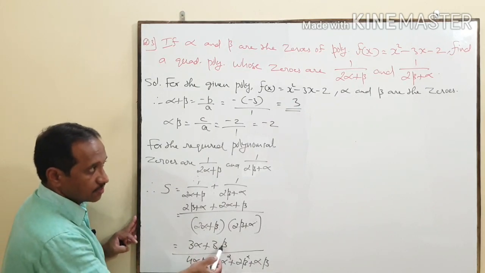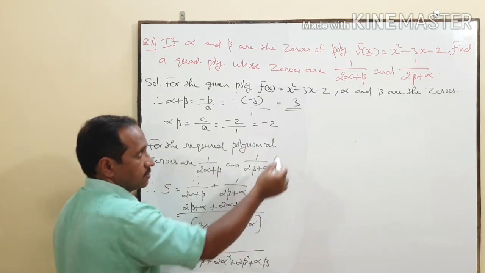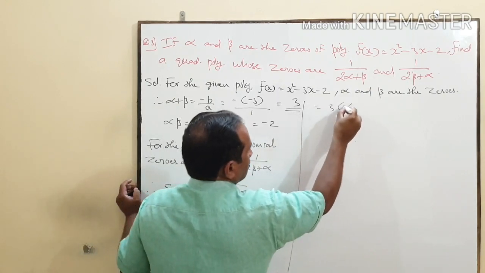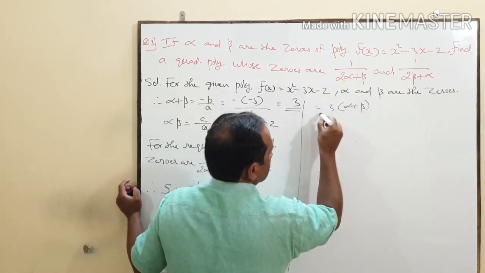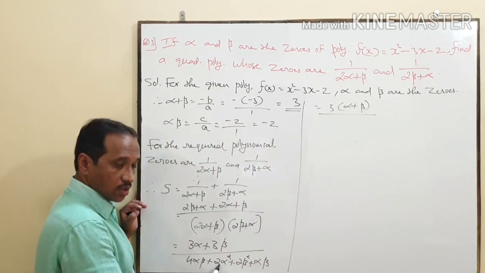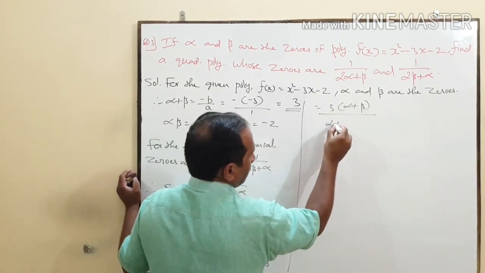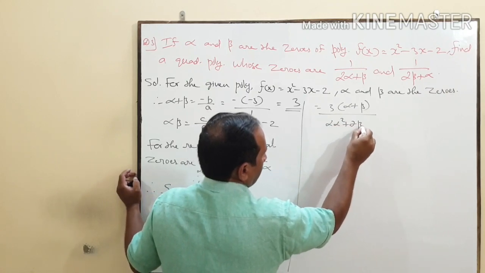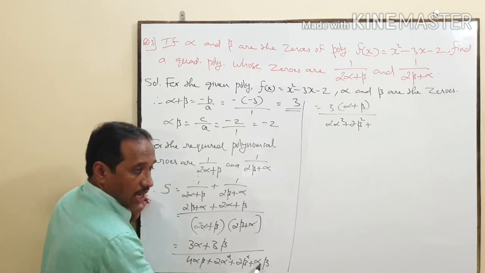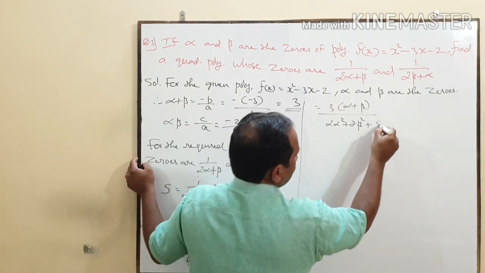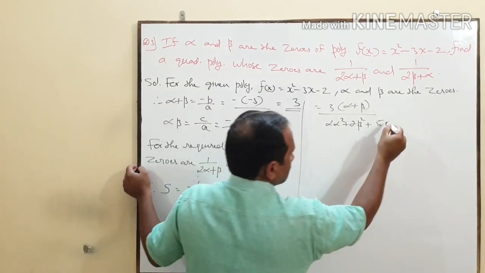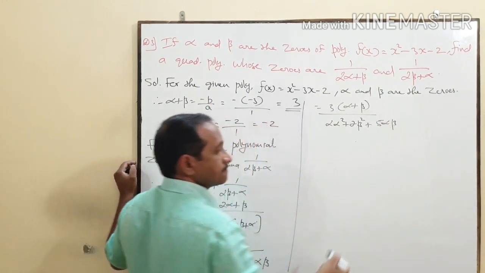From 3 alpha plus 3 beta, you can take 3 common. So it is equal to 3 into alpha plus beta, whole divided by, here you can see we have 2 alpha square plus 2 beta square plus 4 alpha beta plus alpha beta, that is 5 alpha beta.